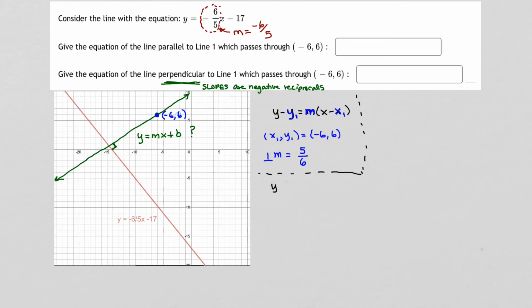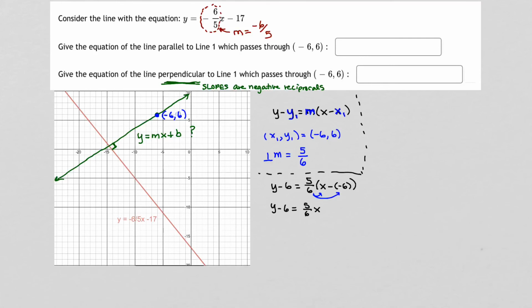So we have y minus y1, which is 6, equals m, which is 5 sixths, times x minus x1, which is negative 6. I'm going to clean this up by using the distributive property. That's going to give us y minus 6 equals 5 sixths x.